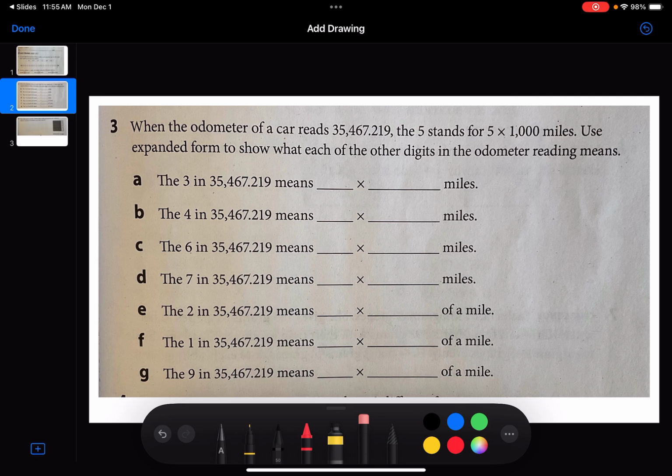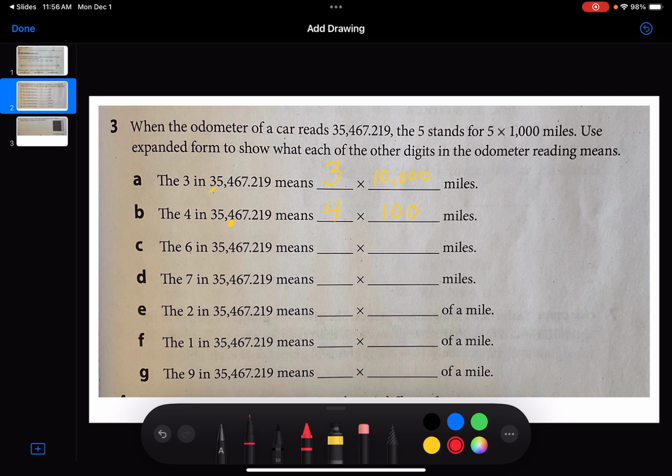Okay, so the 3 means 3 times, well, let's see, what place is that? That is the 10,000s place. And now the 4. Let's see, the 4 means 4 times, what place is that? Well, that would be the hundreds place, 4 times 100.